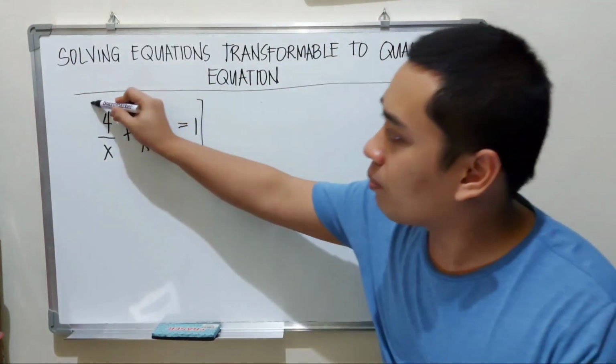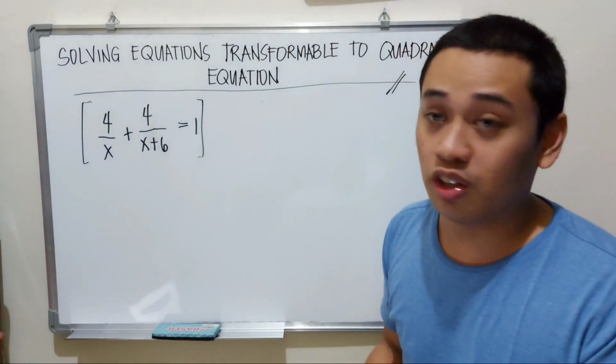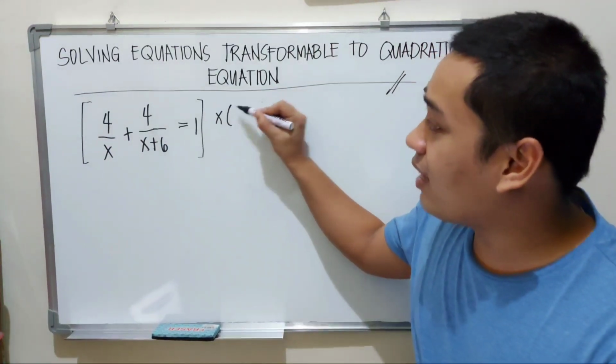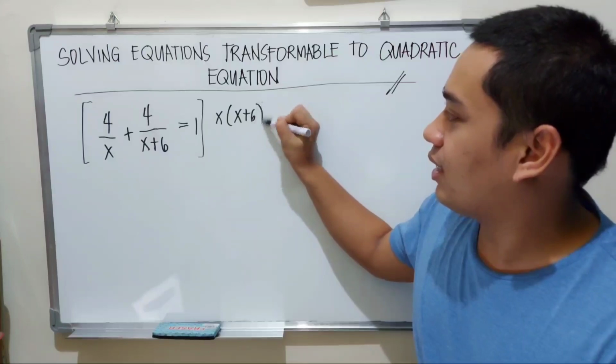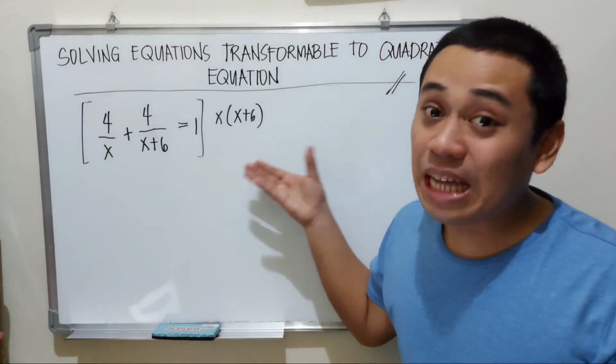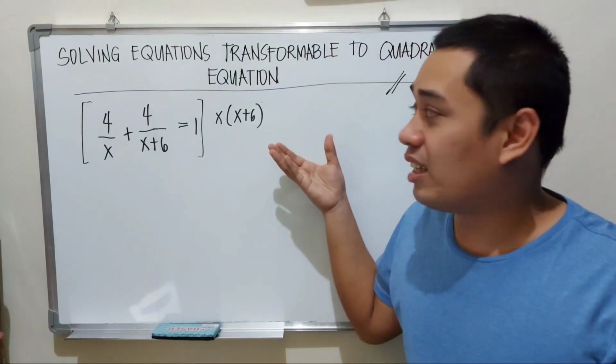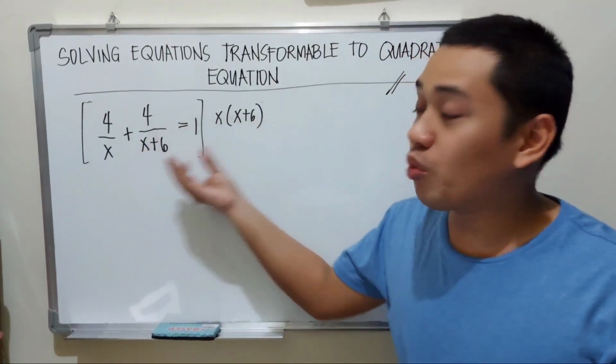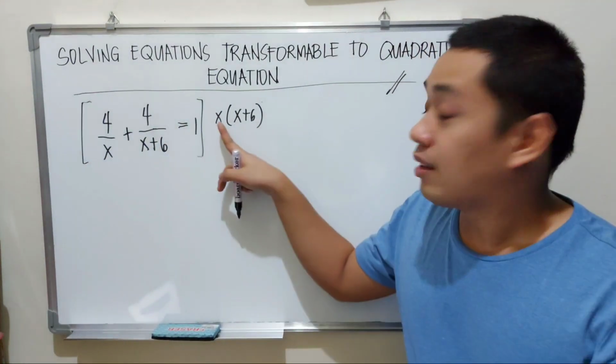So, we need to multiply both sides of the equation by x and x plus 6, the product of the denominators. Now, the next step is to multiply the LCD to every term that we have in the equation.